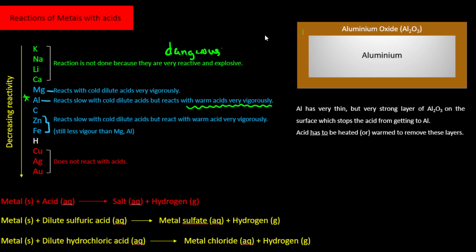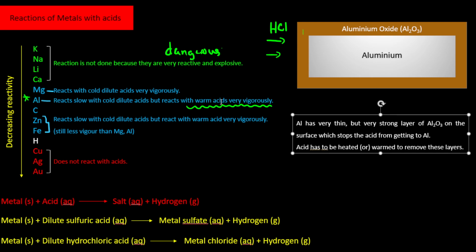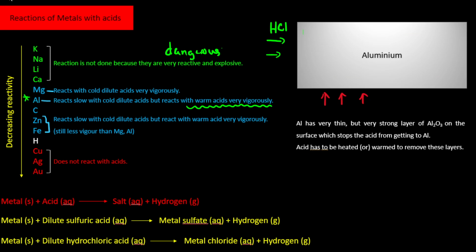So if we have, let's say, HCl acid trying to react with aluminum, they can't react without heating because this thin layer is protecting aluminum from coming into contact with HCl, and that is why the acid has to be warmed. It will only happen when you apply heat. This aluminum oxide layer will be gone, and only then will HCl be able to react with aluminum.